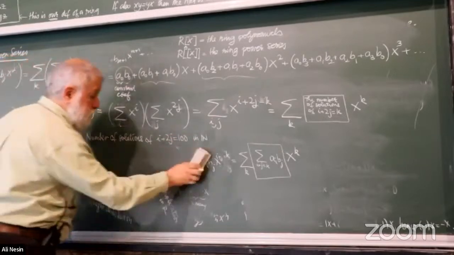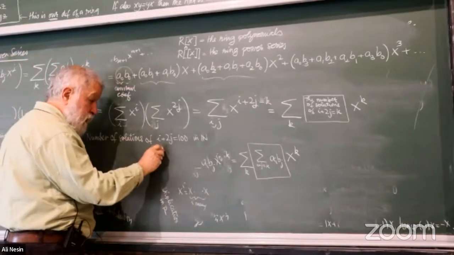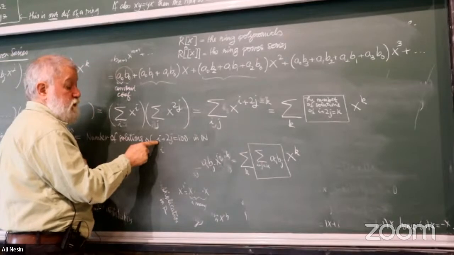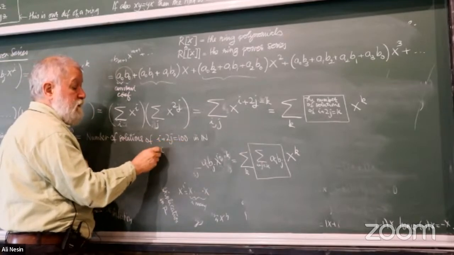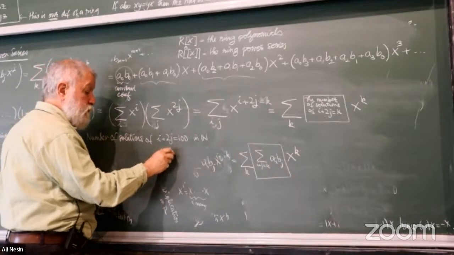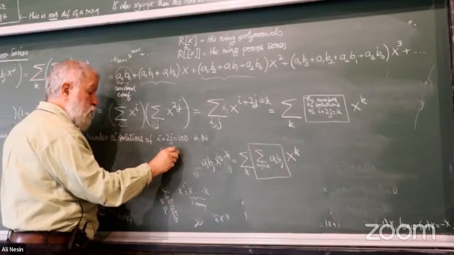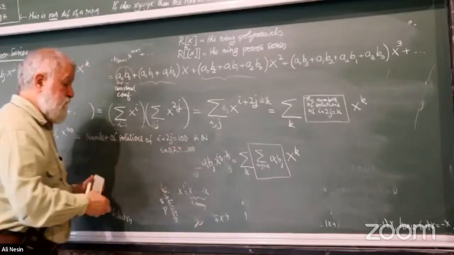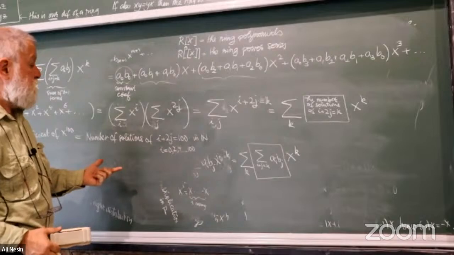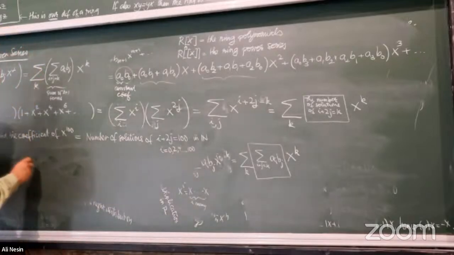So here i cannot be odd, because 100 is an even number. i must be even. i can go from 0 to 100 over even numbers. I guess we have 51 of them, right? So the answer will be 51.